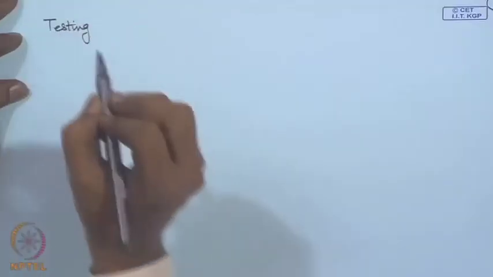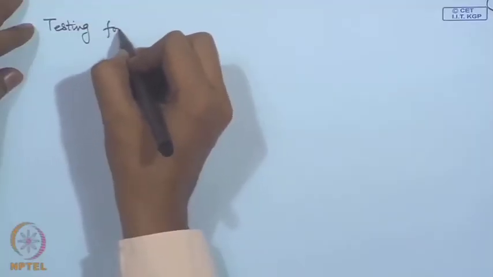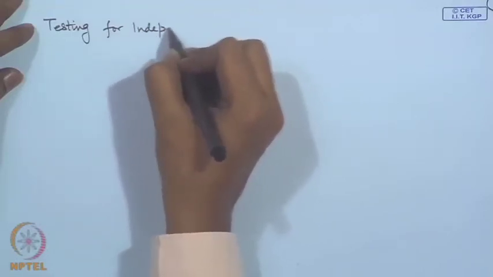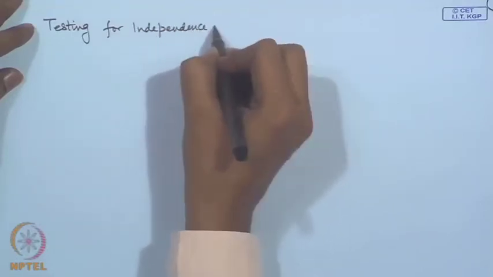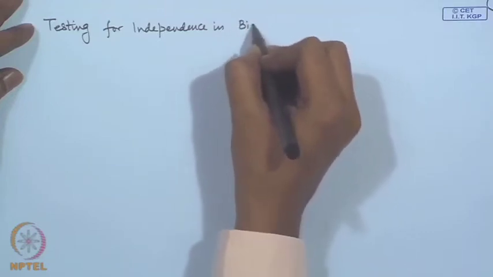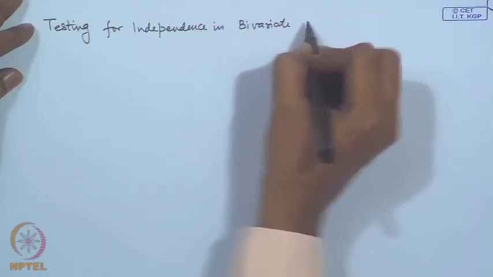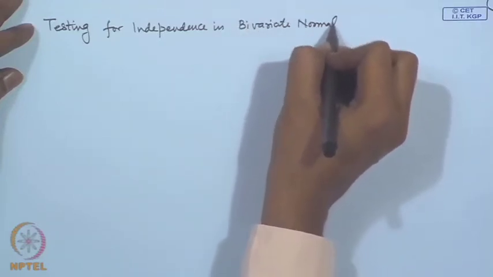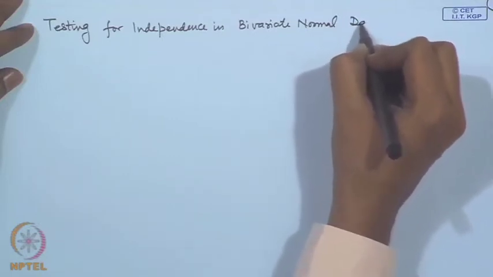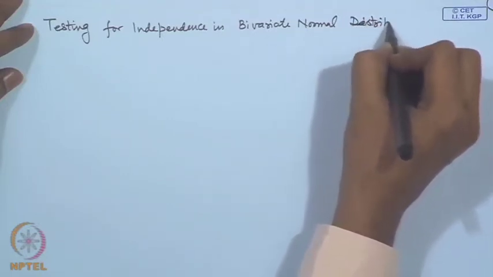This will be my last example in the likelihood ratio test, and then we will proceed to another theory here. So, testing for independence in bivariate normal distributions.